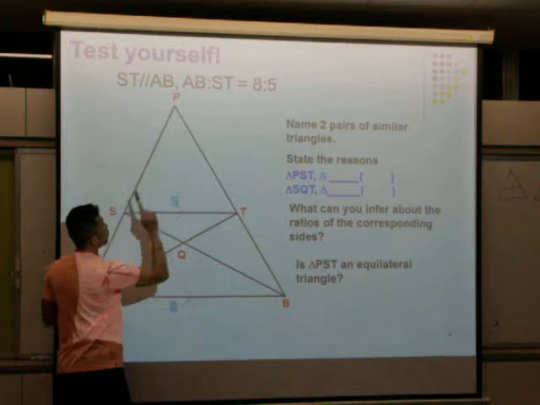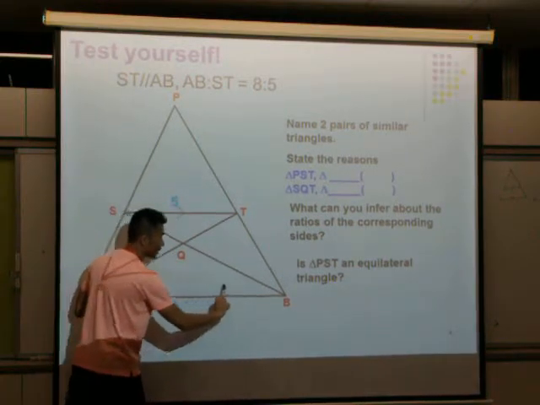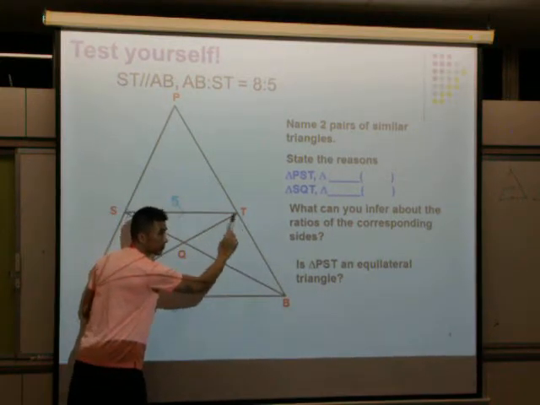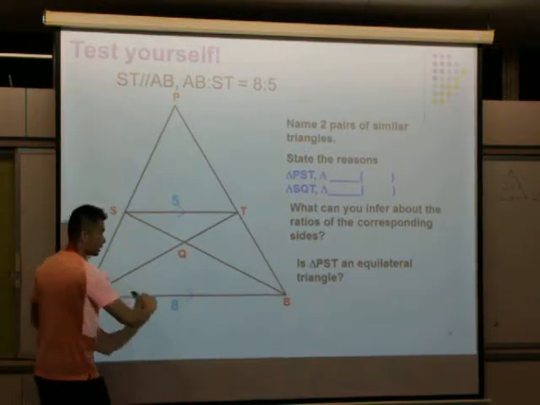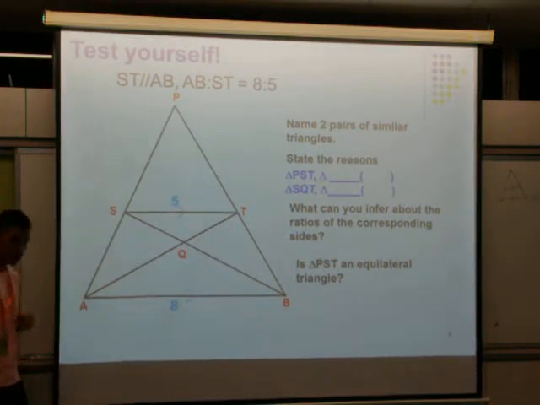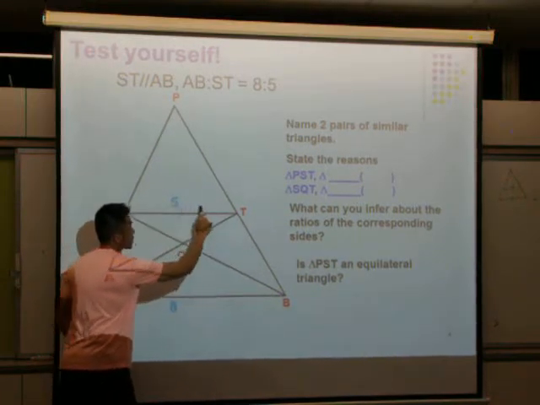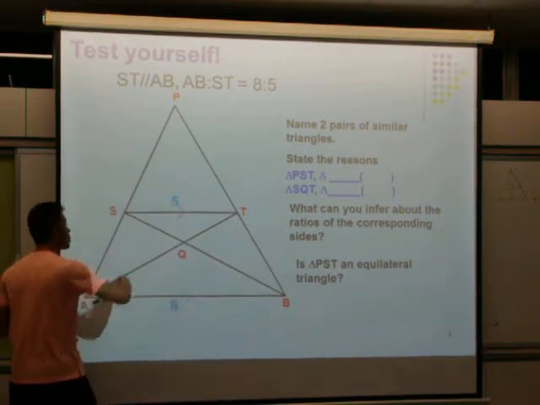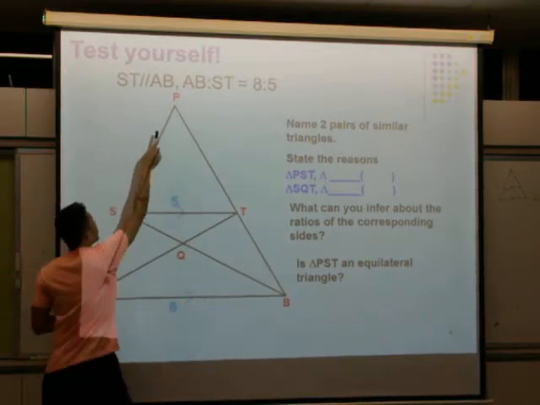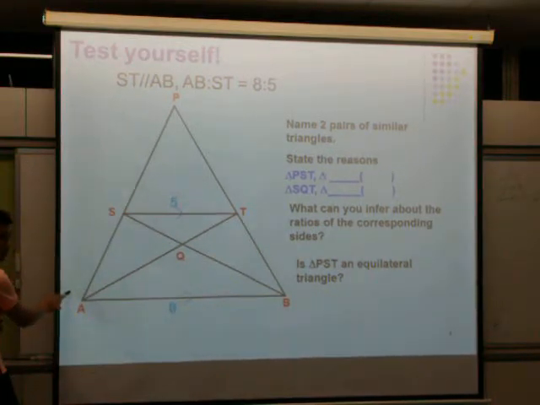AB to PT is 8 to 5. So if this is 8, this must be 5. Am I right? Same thing. This is a big triangle, this is a small triangle base. So am I right to say this is 5, this whole thing is 8? Agree?